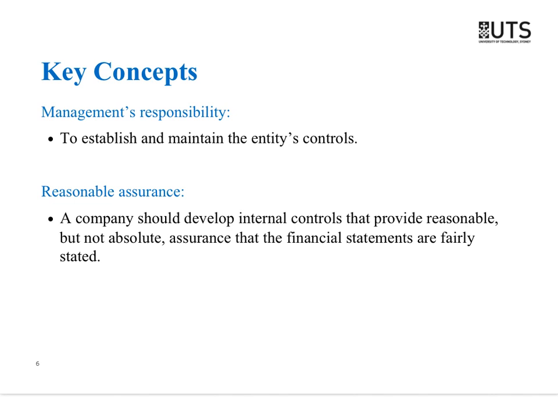So management's responsibility is to maintain and design the internal controls. All right? So their job is to design those policies and procedures and, if necessary, update them if conditions change.